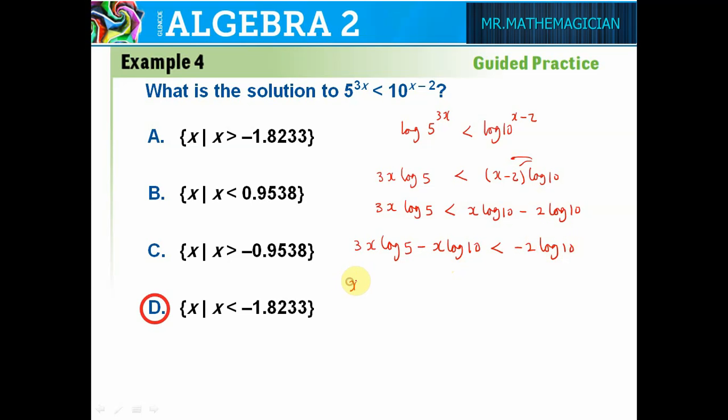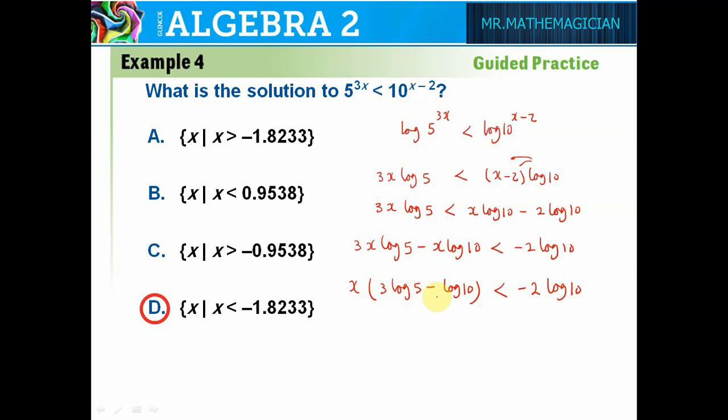Take x as a common factor. So 3 log 5 minus log 10 remain inside the bracket, still smaller than negative 2 log 10.